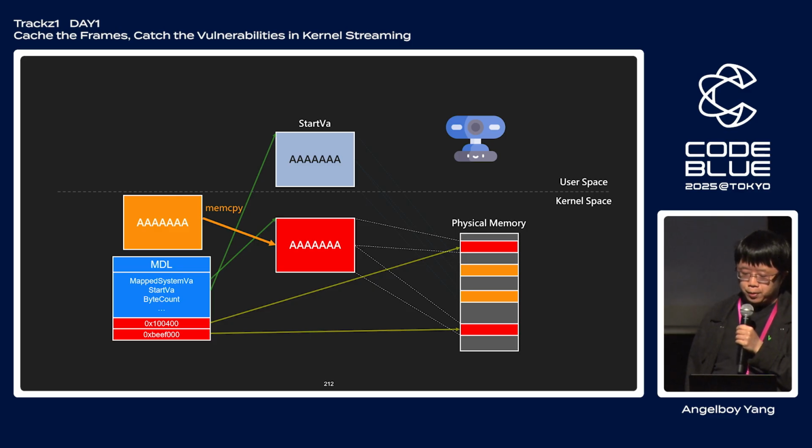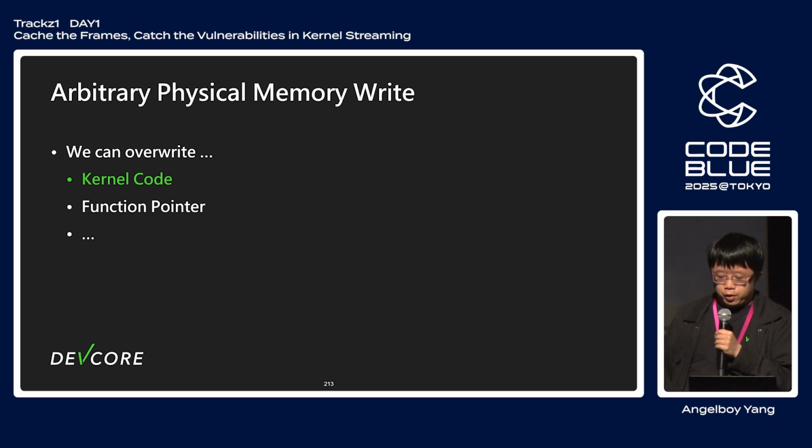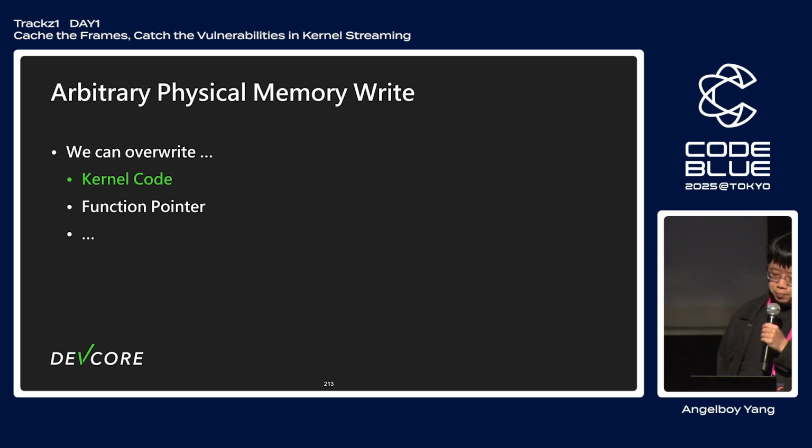KS will copy the content from the buffer memory back into the frame buffer. However, this frame buffer has already been mapped to a physical address of the NT image. In other words, we now have an arbitrary physical memory write with fully controlled data. This opens the door to directly modify kernel code to EoP.